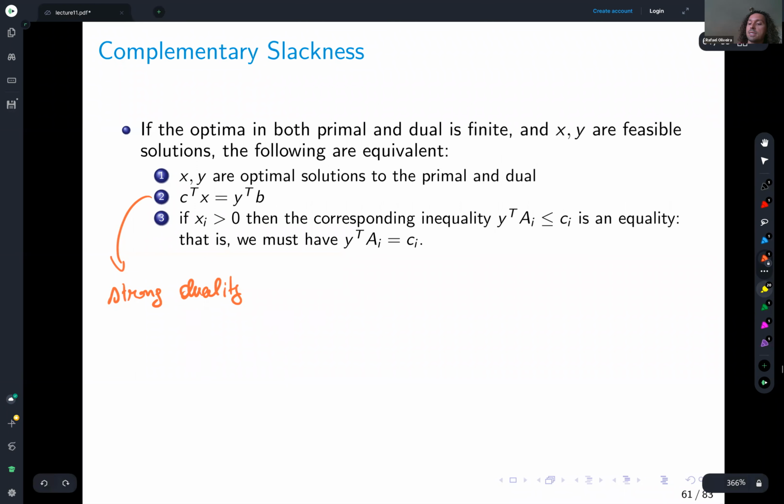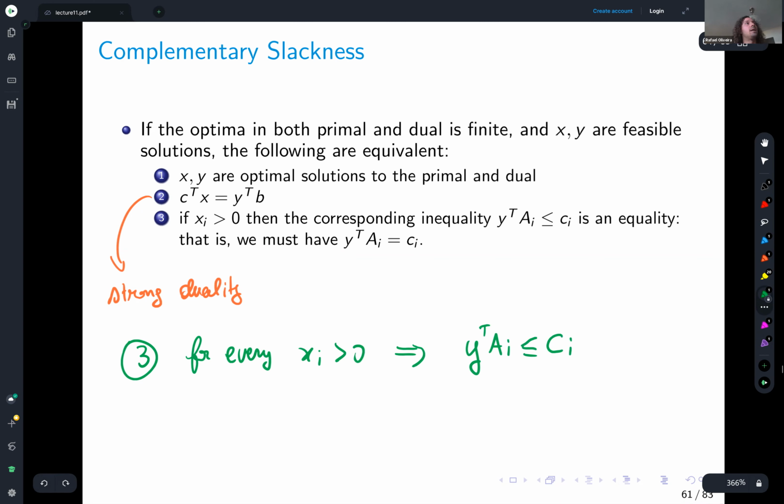So what is 3 saying? For every i, x_i positive implies that the corresponding inequality, y transpose a_i less than or equal to c_i, is an equality, so it equals c_i. Then 3 is equivalent to saying that x, y are both optimal.